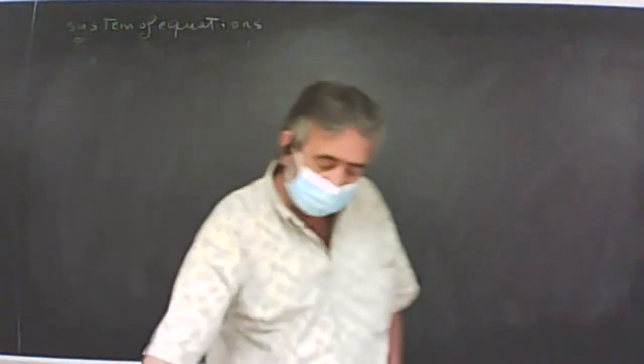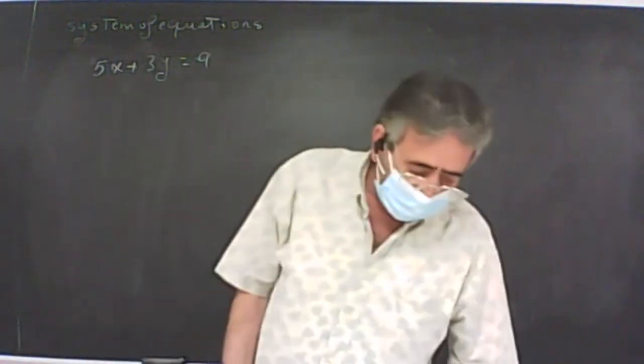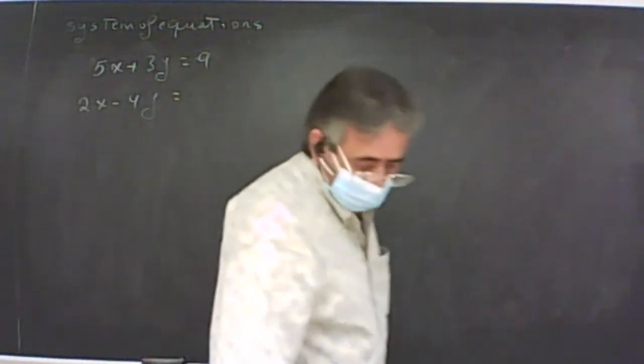So we have 5x plus 3y equal 9. 2x minus 4y equal 14.